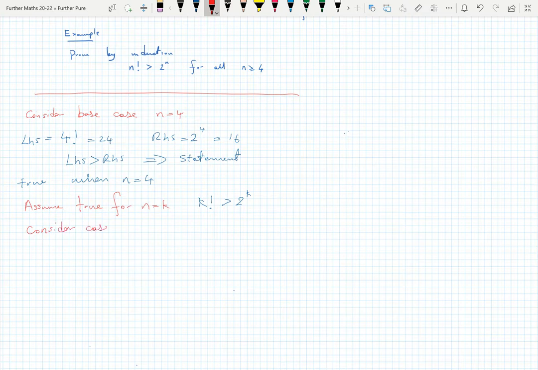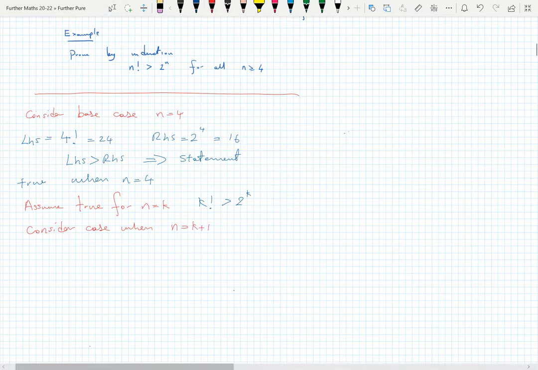We'll consider the case when n equals k plus 1. Remember, we're allowed to assume this is true in this step, and that's the whole point. That's how induction works.